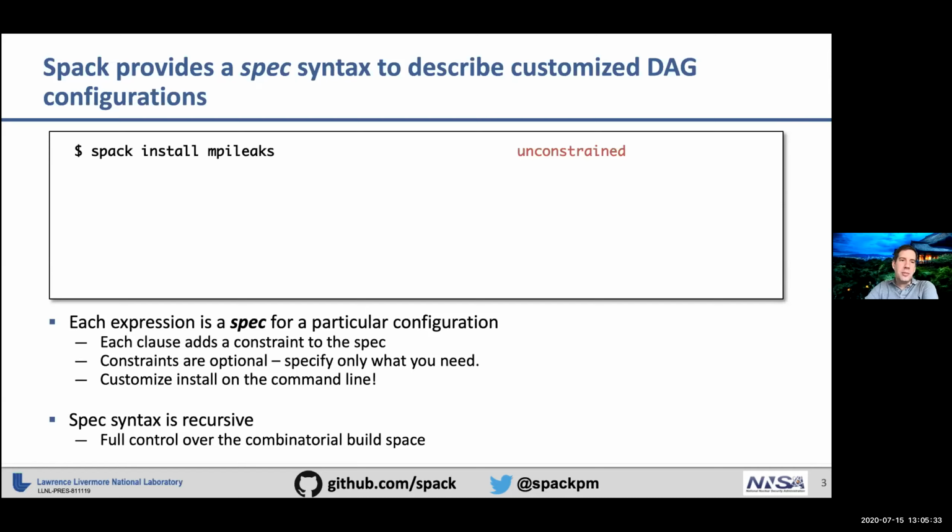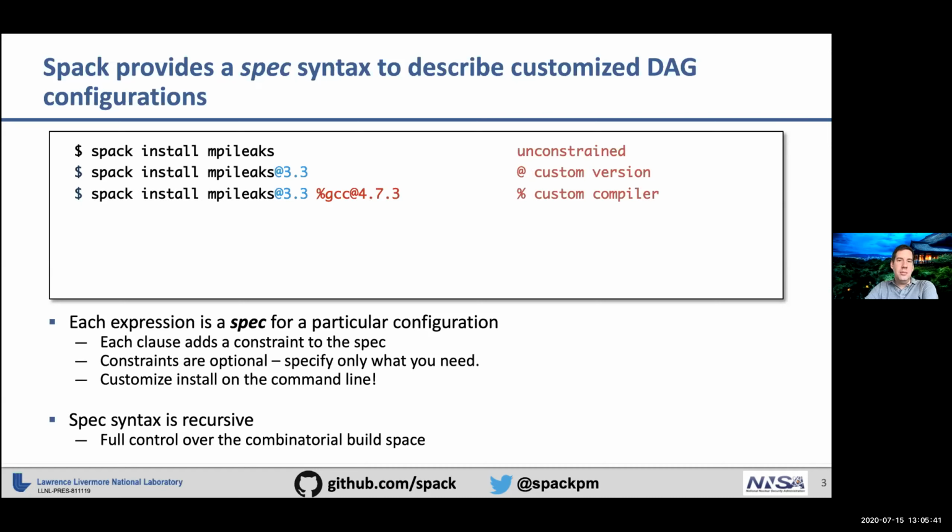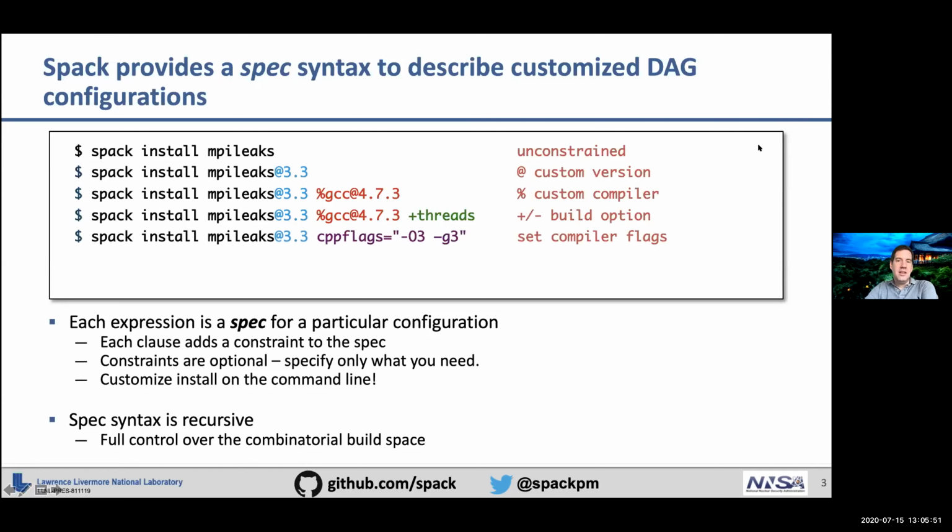Spack is different from other package managers because you can do things like specify specific versions. You can say, I want version 3.3 of that tool, or I want it built with a particular compiler, or a particular compiler at a particular version. You can say that you want particular options for the different packages, and you can inject things like compiler flags into the build, or set the build target to a specific architecture instead of just the default for x86.